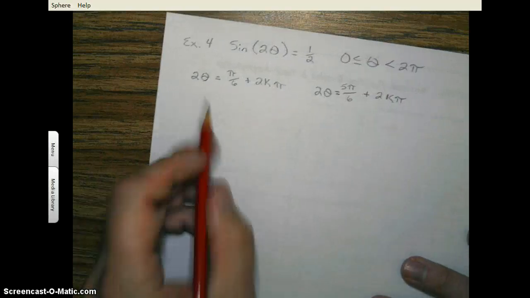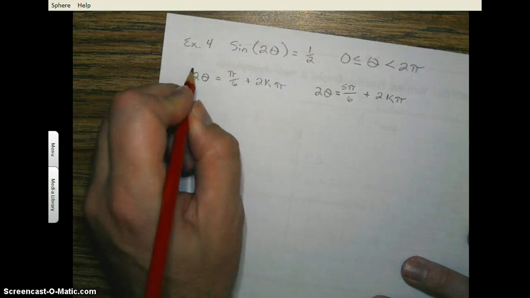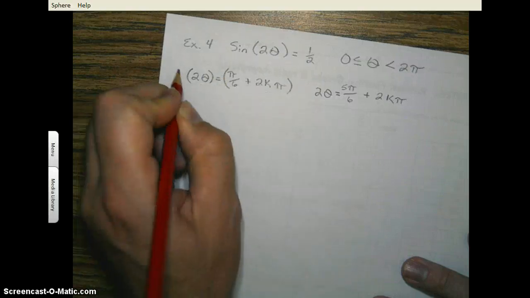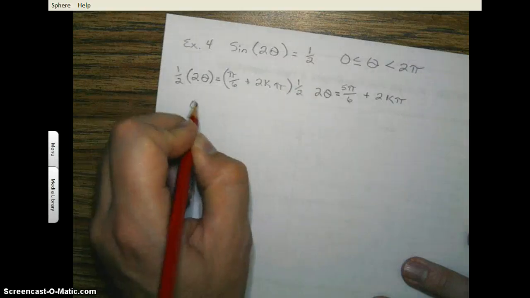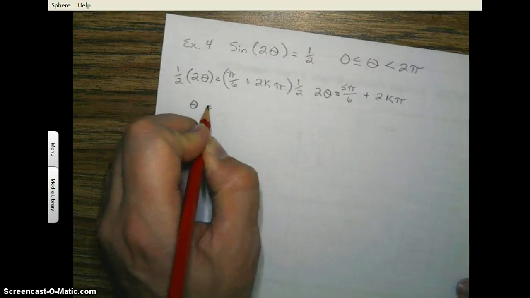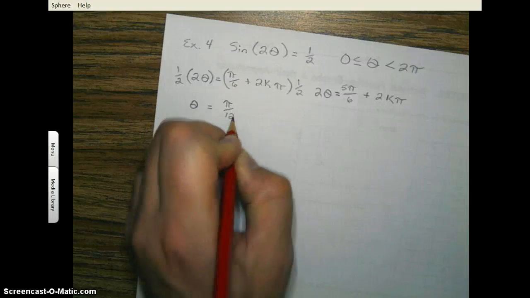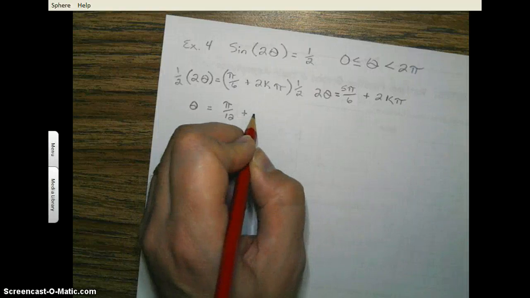Okay. Next thing we want to do is solve for theta. So we're going to multiply both sides by 1/2. So we get theta equals pi over 12 plus k times pi.